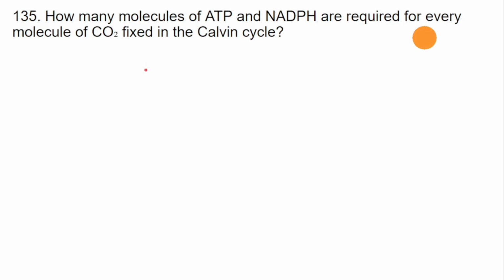So let's just write the outline of Calvin cycle. RUBP is the acceptor molecule.